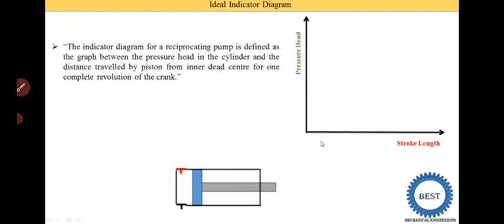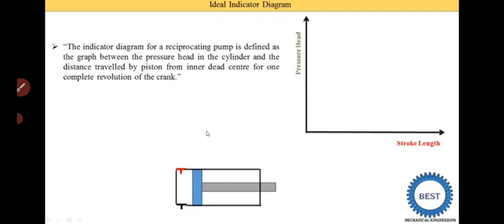On this diagram, the suction starts at a place below the atmospheric pressure, where the stroke length is 0, meaning volume is 0. But when the piston is at the inner dead center, there is some space between the cylinder and the piston. So this diagram does not start exactly from volume 0, but somewhere here.